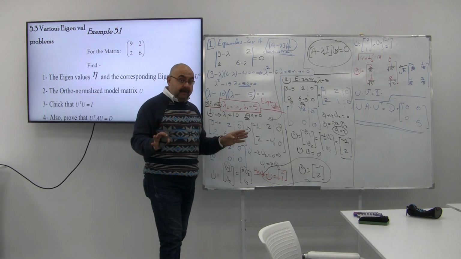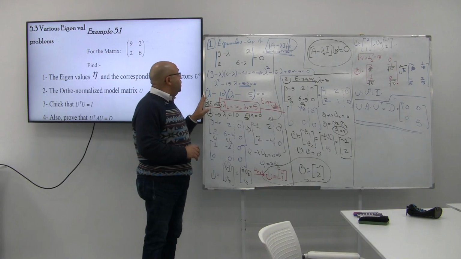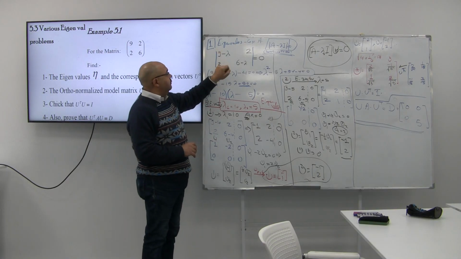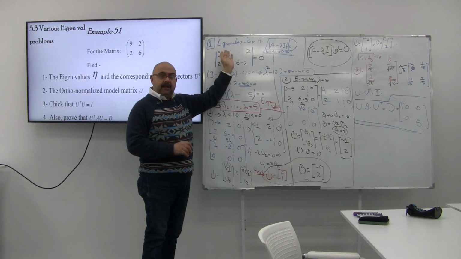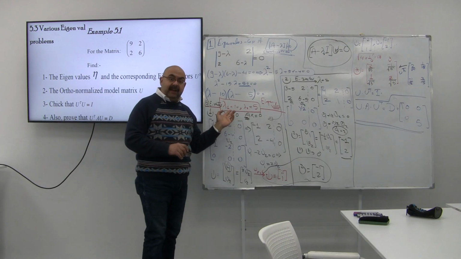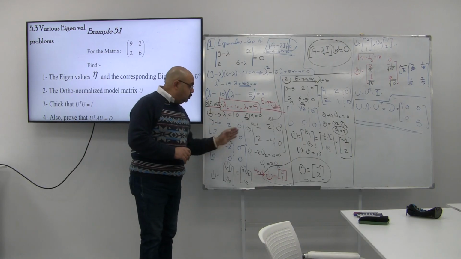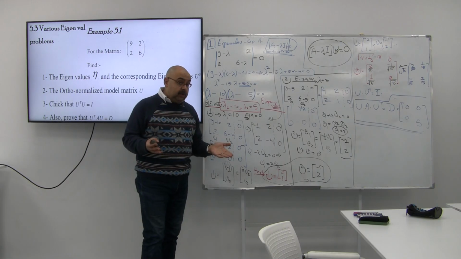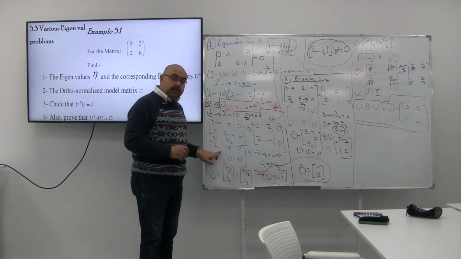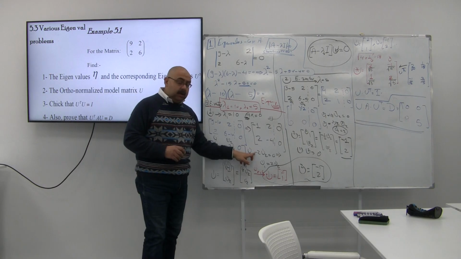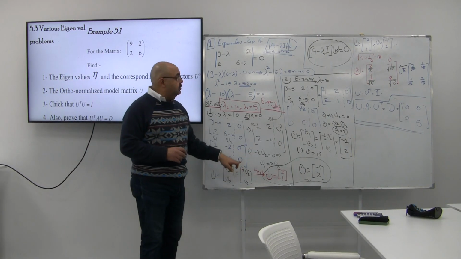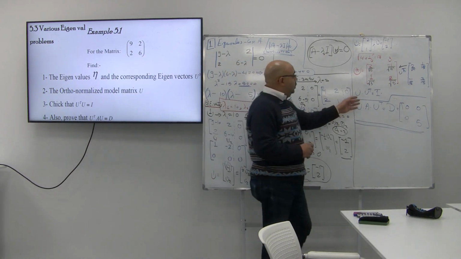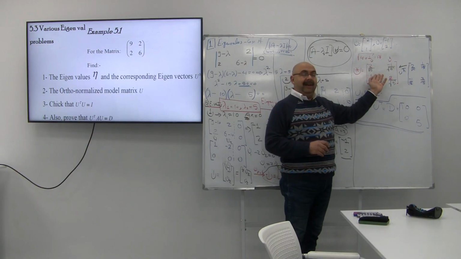Just do your magic. Make the matrix 9 minus lambda, 2, 2, 6 minus lambda, replace lambda by the eigenvalue. You start to do the row operations in order to get as near as possible to the reduced echelon form. Once you get to reduced echelon form, you will have your condition, you will have your vectors, put them together in a matrix which is the orthogonal matrix.